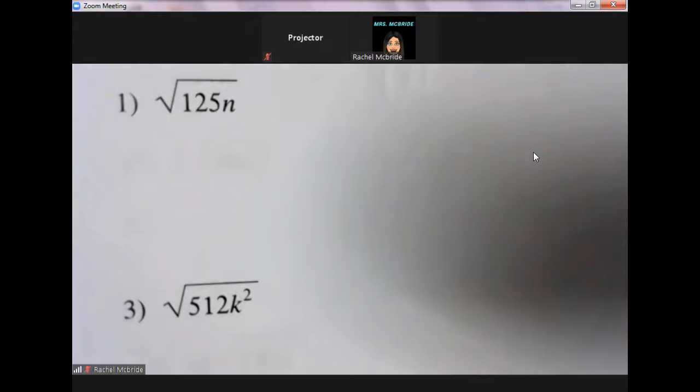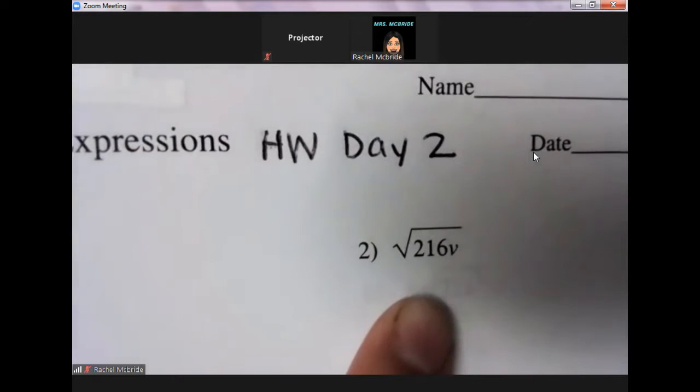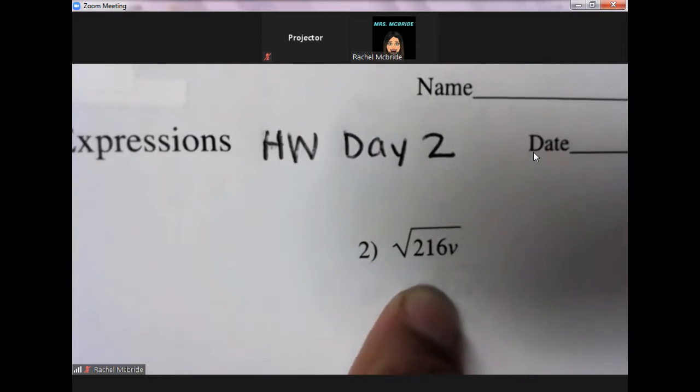So that's why in the front of this packet, your bell ringer on day 1 was to write down the perfect squares. What perfect square goes into 125? 25. What perfect square goes into 216? Hint, it's the one after 25. 26. Not the number after. 36. The perfect square after.